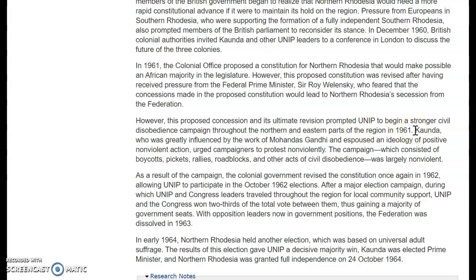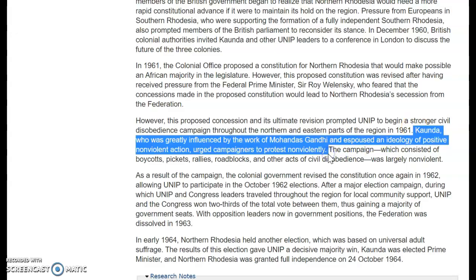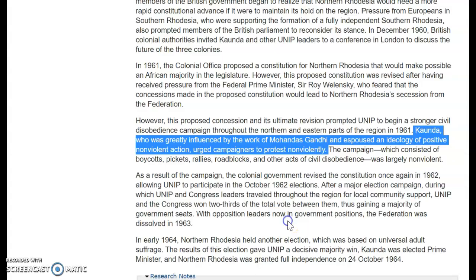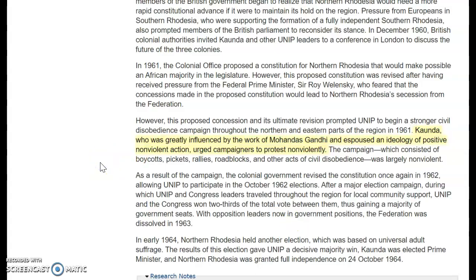Kaunda, who is the first president of Zambia, which we kind of skipped over here, who was greatly influenced by the work of Mohandas Gandhi and espoused the ideology of positive nonviolent action, urged campaigners to protest nonviolently. So we have evidence right here that one of the leaders for Zambia's struggle for independence was highly influenced by India's struggle for independence and Mohandas Gandhi. So I'm going to highlight that.